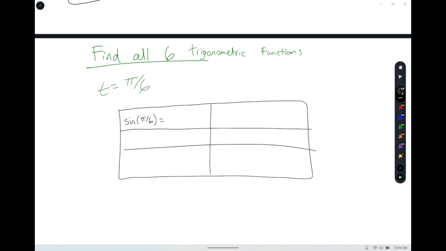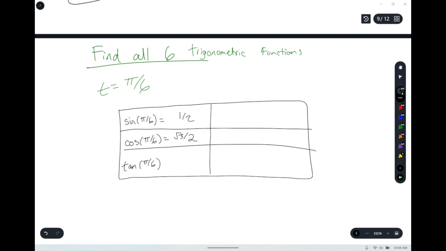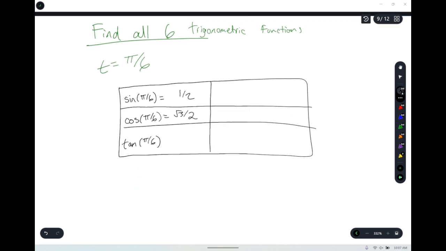The sine of pi over 6 is 1/2. The cosine of pi over 6 is. The tangent of pi over 6 is. Oh, no, you're right. Sorry. I was just going to go ahead and flip it in my brain. 1/2 over root 3 over 2.